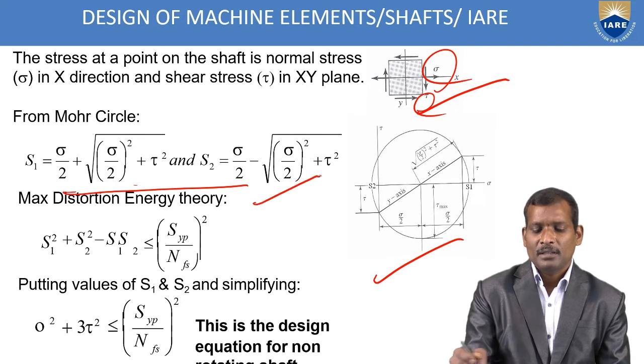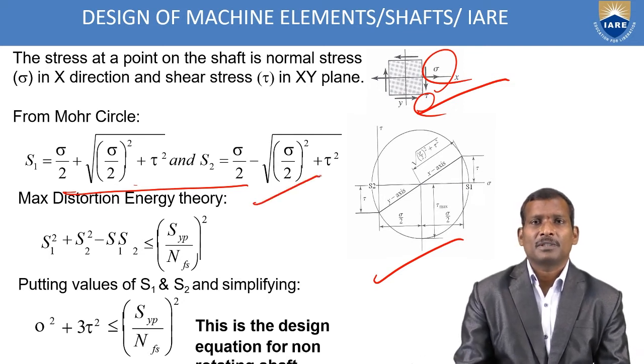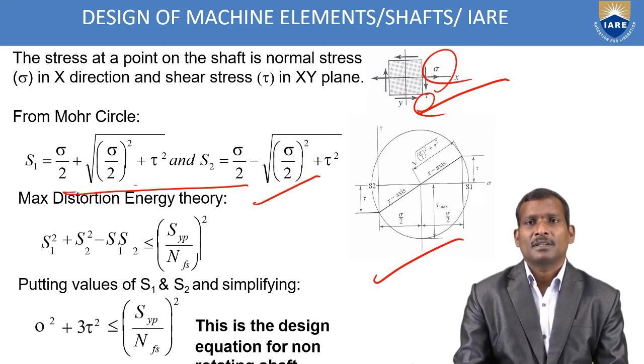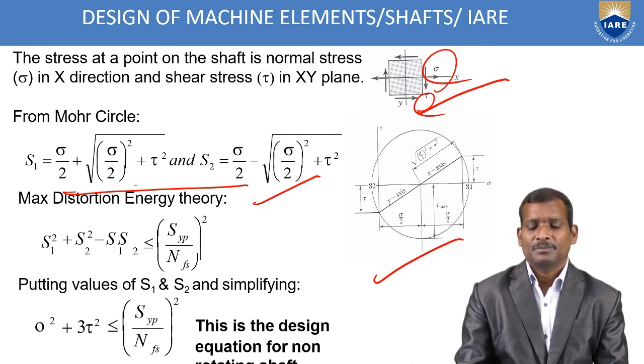Similarly, the maximum and minimum principal stresses: sigma by 2 minus square root of (sigma by 2) whole square plus tau square.